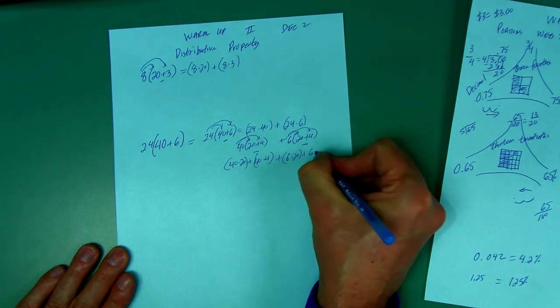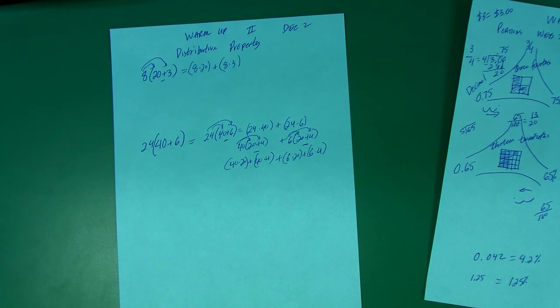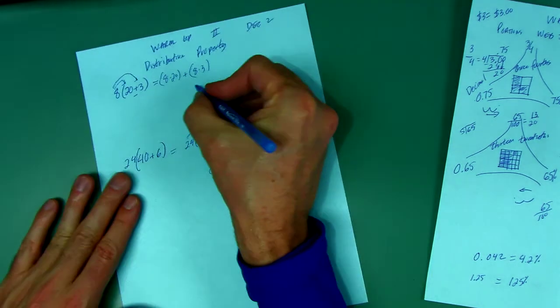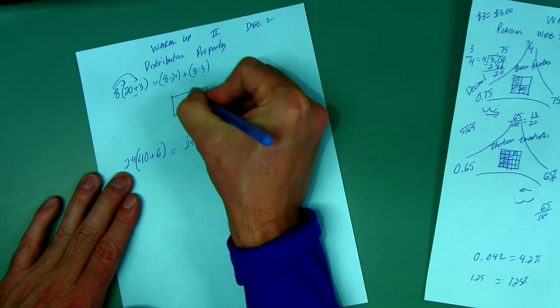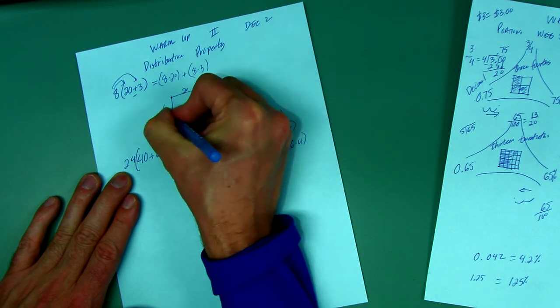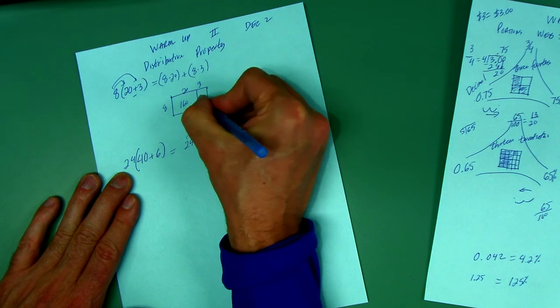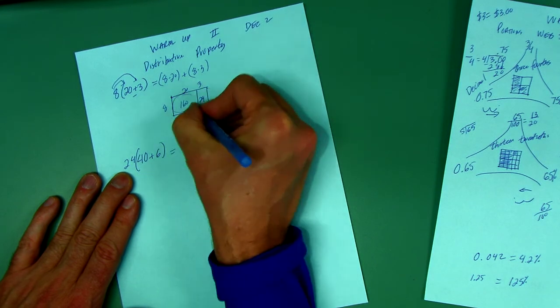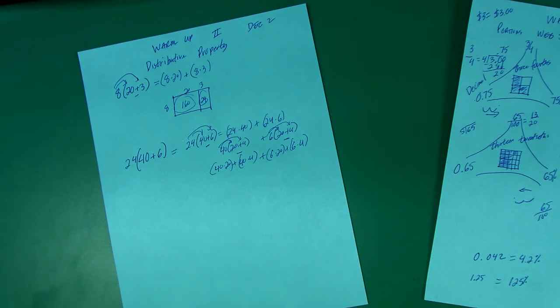And again, this was always hard to teach, and this way might be still confusing for you. What's the easy way to do it? Turn it into a generic rectangle, right? 8 times 23, you do this, 20 and 3 and 8, and 8 times 20 goes here, 8 times 3 goes there, and just remember that each little box inside your rectangle gets its own set of parentheses.